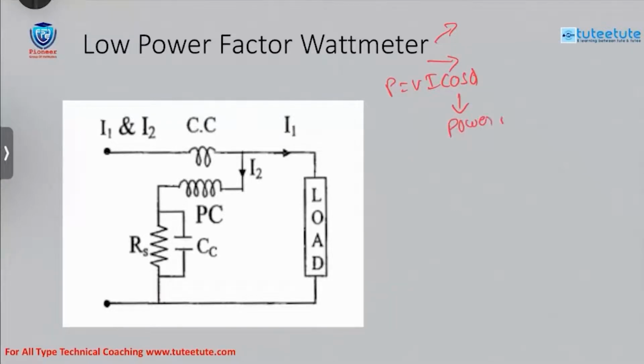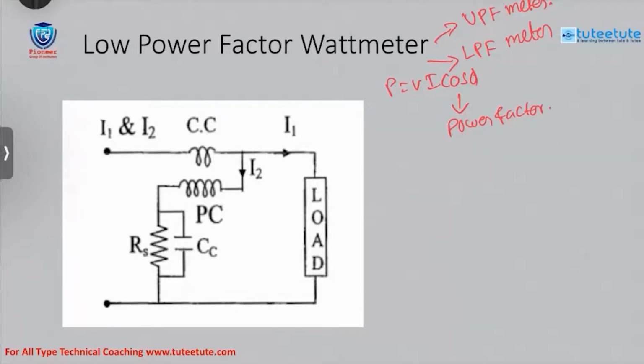Based on the power factor, we have unity power factor meters, called UPF, and low power factor meters, called LPF. So the LPF meter and UPF meter are classified based on the power factor cos phi.